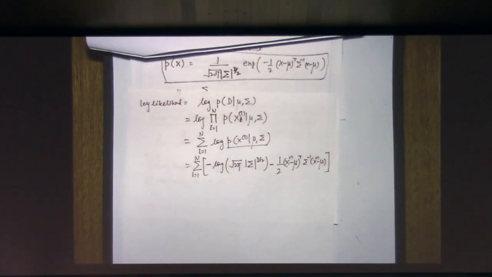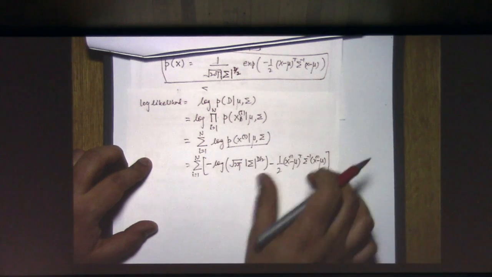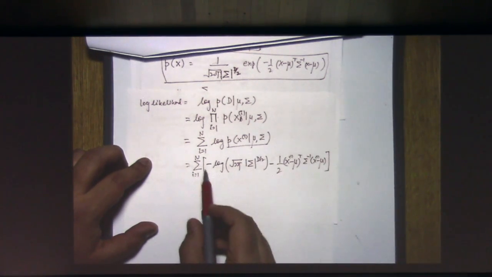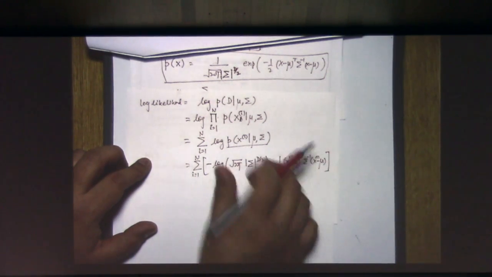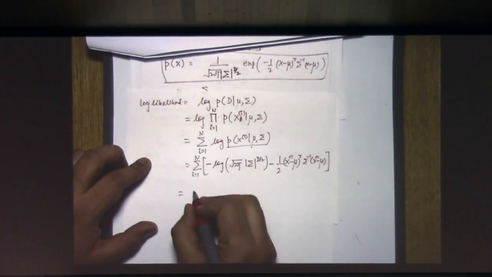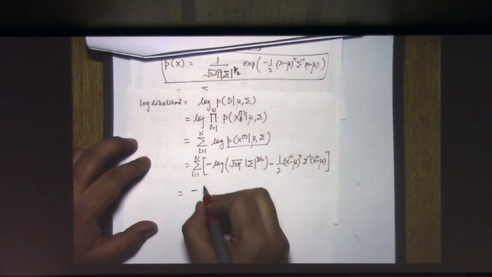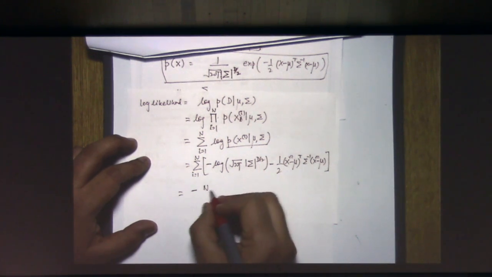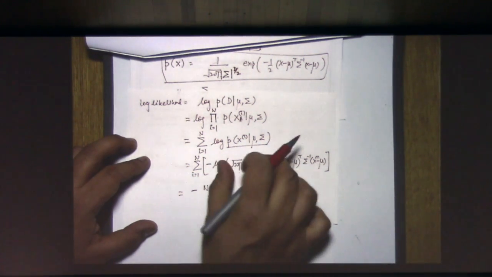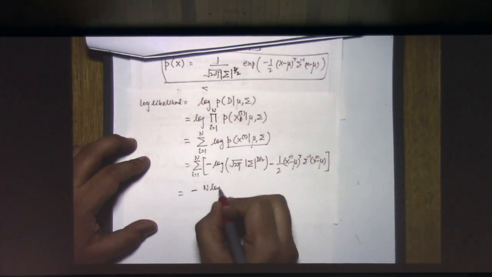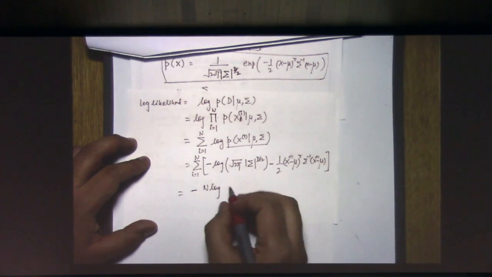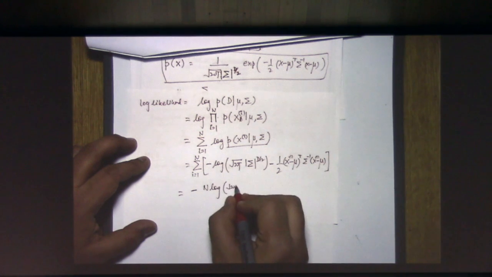All right, and then we can break these two. Remember, there's nothing that depends on i here, right? So we can keep it outside, and that just becomes minus n, because this whole thing can be taken out of the summation, and that summation just sums up to n log of root 2 pi.